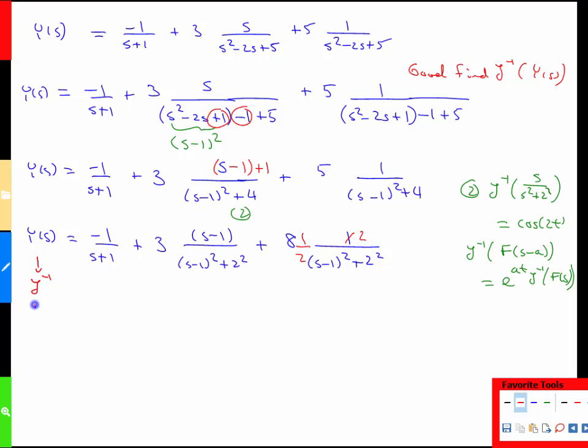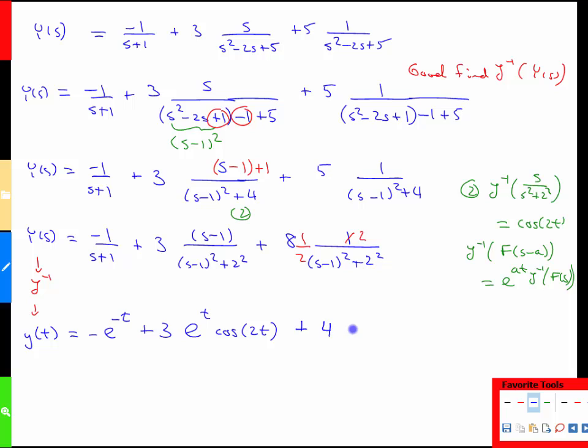We're going to take the inverse. That'll transform us back to the time domain, and each of these terms can be done one by one. This will be e to the negative t, the 1 over s minus a form. We also have the 3 times the transform of basically a cosine of kt, so 2t, and we have an s minus 1 both times, and that'll give us an e to the t as a multiplier, using this combination of rules here.